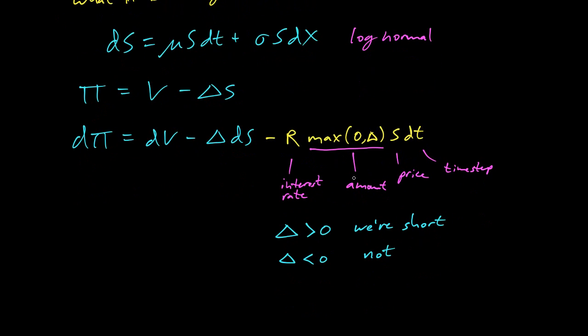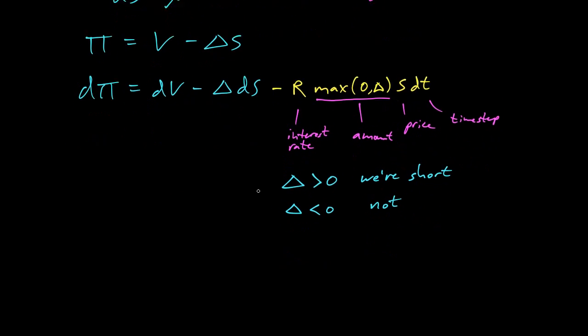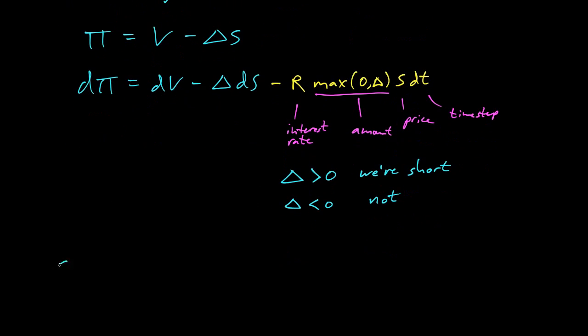All right, so now let's keep going. Let's just do the other steps of deriving Black-Scholes from here. And so what we want to do is expand dV using Ito's lemma. If you remember, this was partial V with respect to t dt plus partial V with respect to S dS.